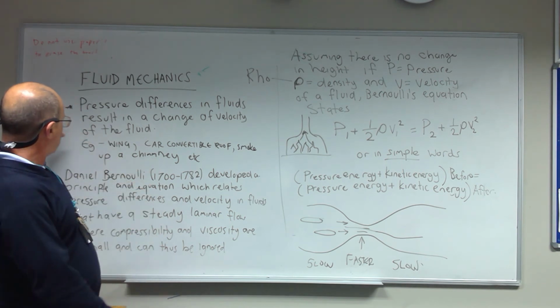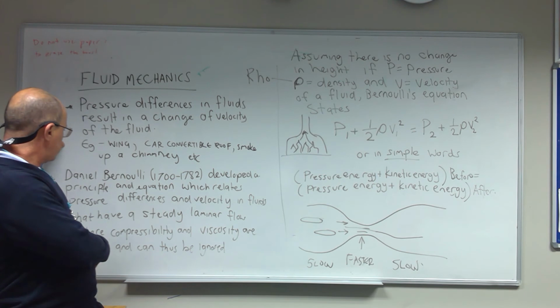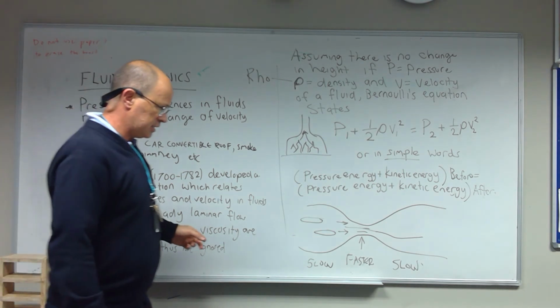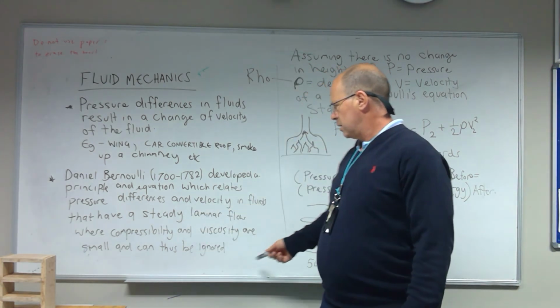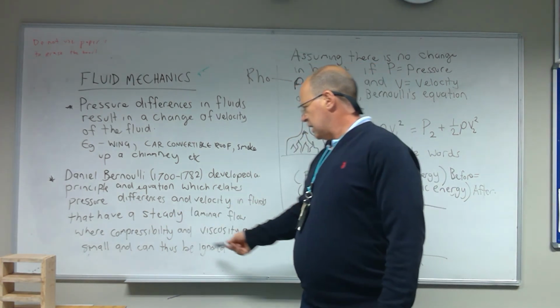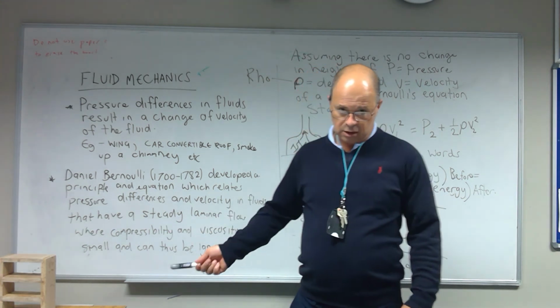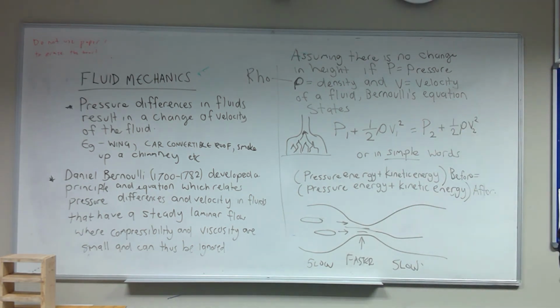Write down the information under fluid mechanics. Please write down what Bernoulli's principle is about, especially the things that need to be understood: steady laminar flow, compressibility and viscosity. Those conditions are essential for the equation to work reasonably well.